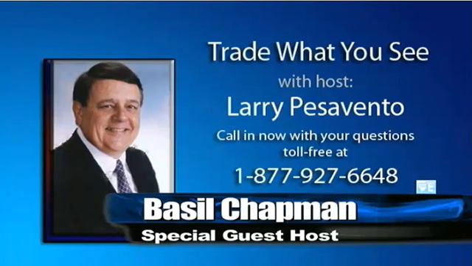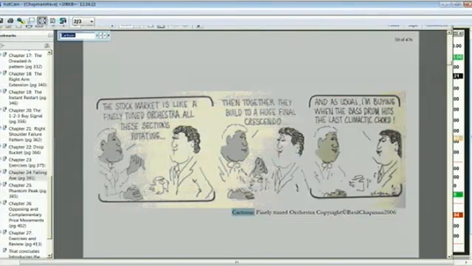Hi everyone, Basil Chapman, Tiger Technicians Hour, and I actually have that cartoon. I found it. There it is. This is on slide 59 of the 476 slides in this PowerPoint presentation of my CD introducing the Chapman Wave methodology. It says, there's this one guy, him and his wife, and now this guy is talking to a friend, and the friend says, the stock market is like a finely tuned orchestra, all these sections rotating.